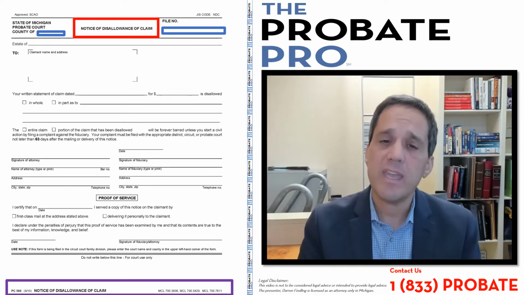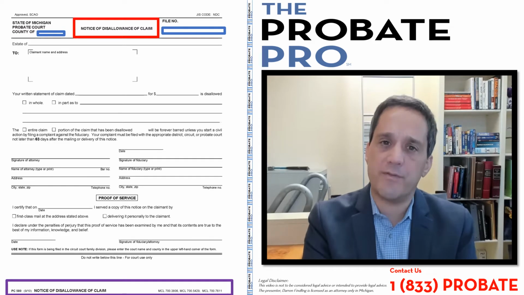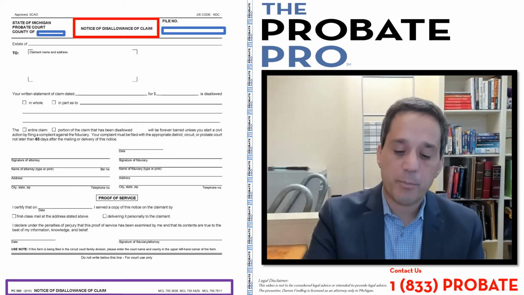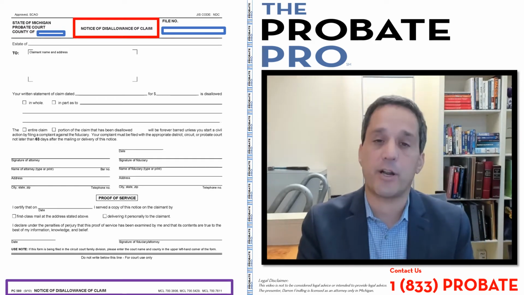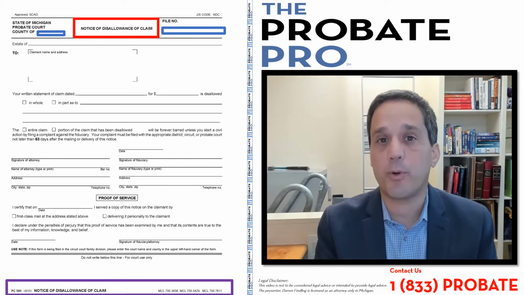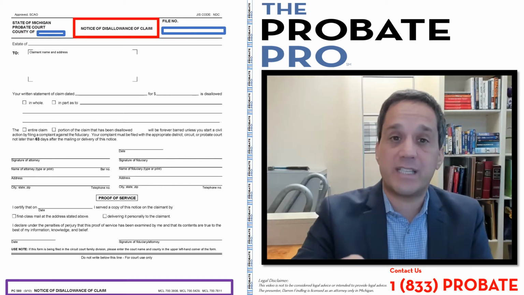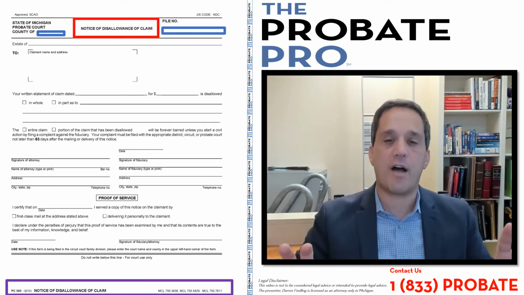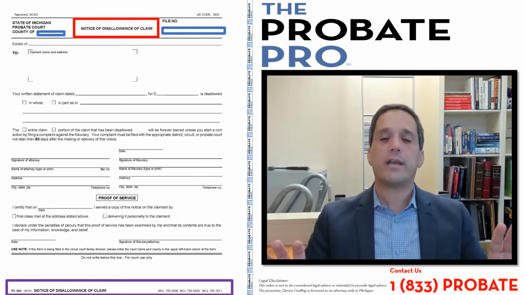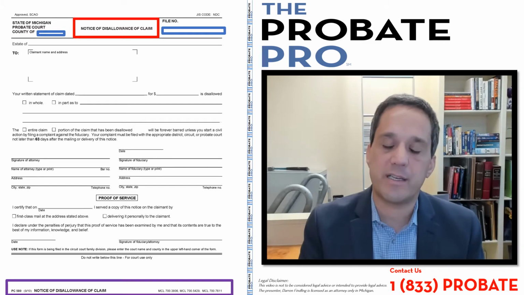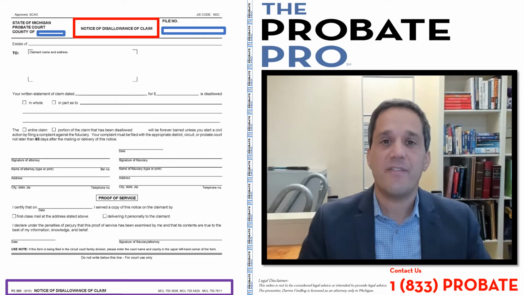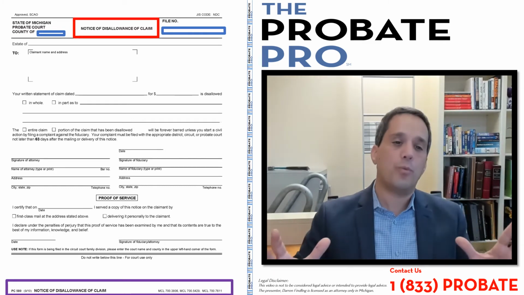In addition, when using this form, the statutes provide, both 700.3806 and 700.5429, that the personal representative can first disallow and then back off. They can say, now we're going to allow it. So a lot of power is vested in the personal representative or conservator. They can disallow and then say, oh, we'll allow it.